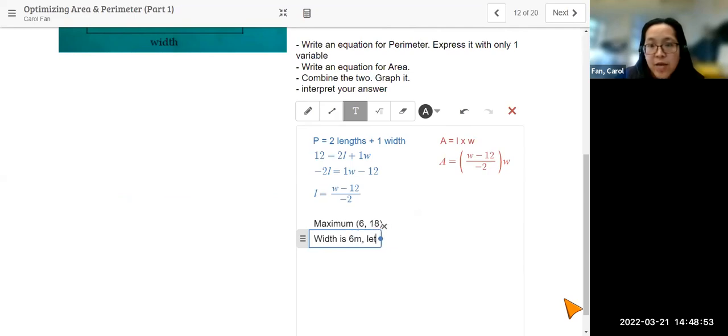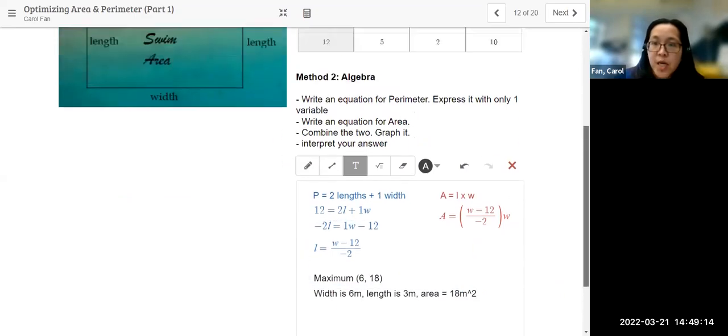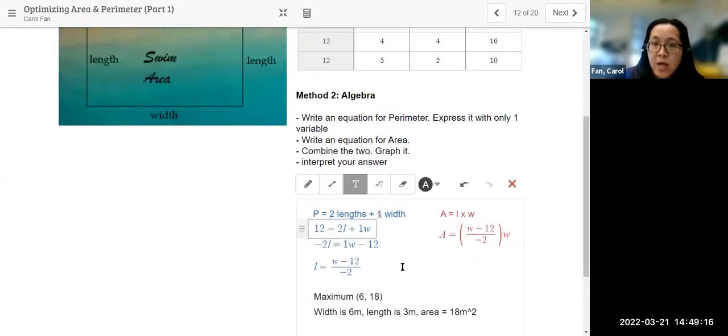The length, we can substitute it in here to get 3 meters. And our area is 18 meters squared. So we did this without using trial and error. We did this using all algebra.